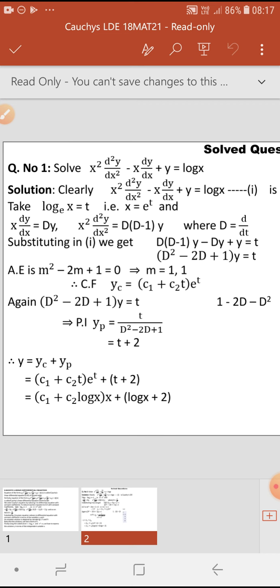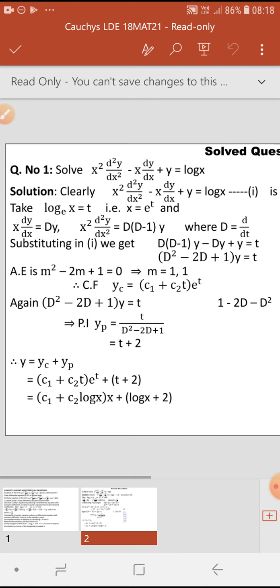Substituting these things in the given equation 1, in place of x into dy by dx, you have to write capital letter Dy. In place of x square into d square y by dx square, you have to write capital letter D into D minus 1 into y.